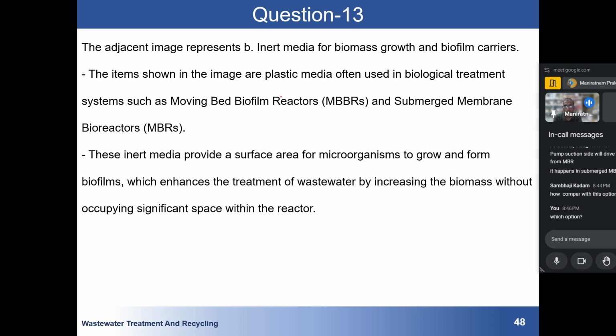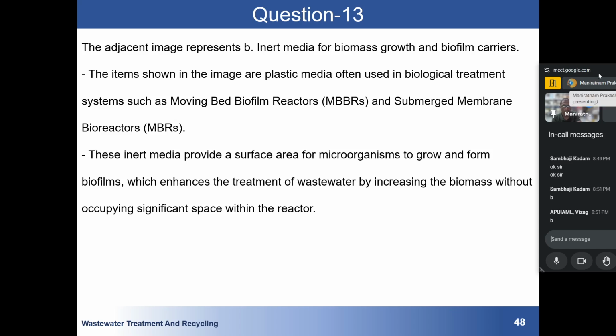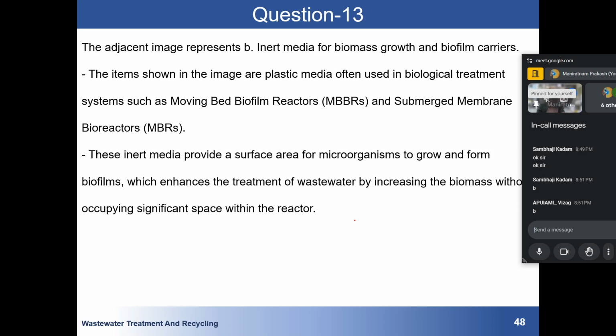These images are plastic media often used in biological treatment such as moving bed MBBRs or submerged membrane bioreactors. These inert media provide a surface for microorganisms to grow and form biofilms, which enhance the treatment by increasing the biomass without occupying significant space within the reactor.